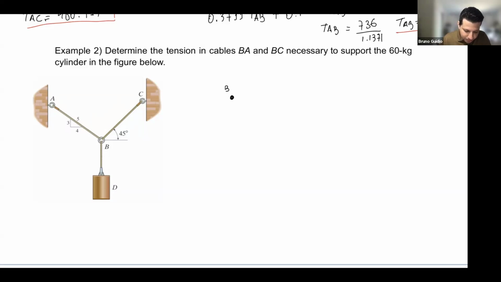I have TBC, tension BC, at an angle of 45 degrees. Oh, I forgot the coordinates. We know this is X, this is Y.